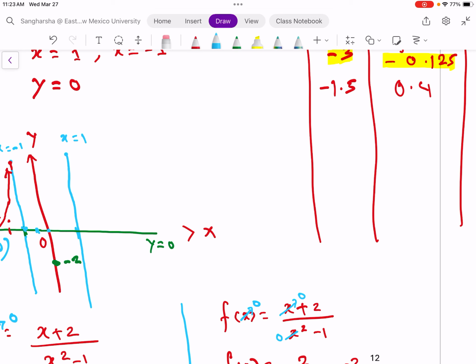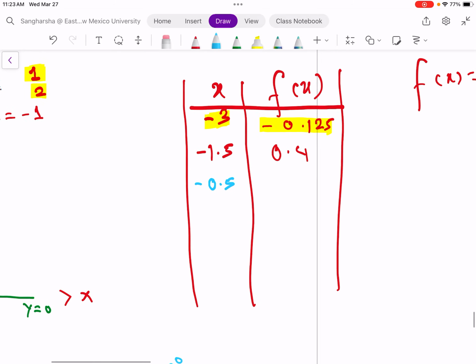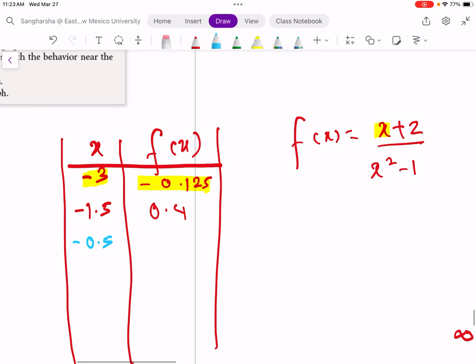So let's choose -0.5. If you choose your input to be -0.5, what happens to the output? We substitute -0.5 for every x. So -0.5 plus 2 is positive 1.5, divided by -0.5 squared, which is 0.25, minus 1.